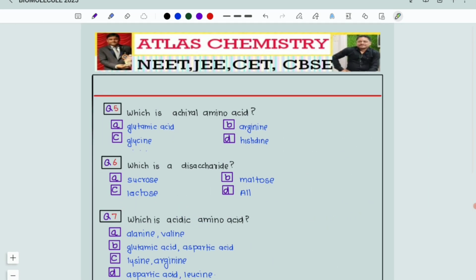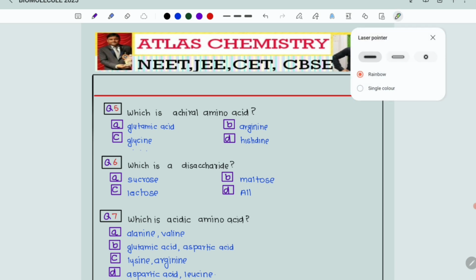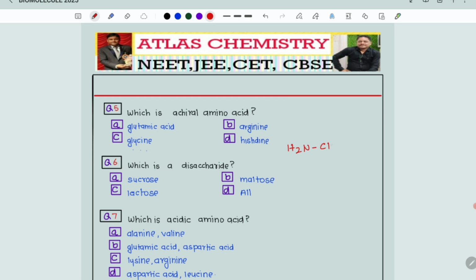Now see question number 5. The question is, which is an achiral amino acid? An achiral amino acid means one which does not show optical activity. If we see alpha amino acids, they are H2N-CH(R)-COOH, and here is one R. If this R group is H, then it becomes achiral.